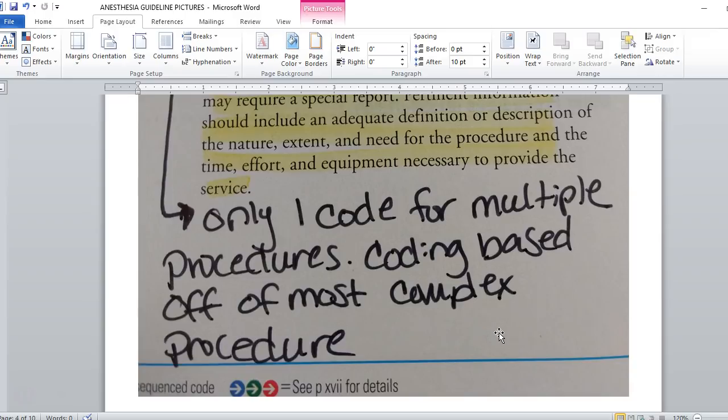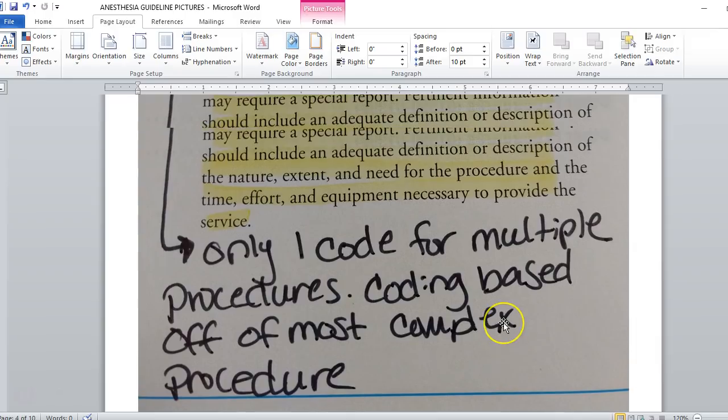Okay, my note says only one code for multiple procedures, coding based off of most complex procedure. And how do we know that? Because again, remember, the relative value guide has the numbers in them. Each procedure in anesthesia has a number associated with it. And again, that is the base unit. We're going to code for the highest base unit, but combine all of the time.